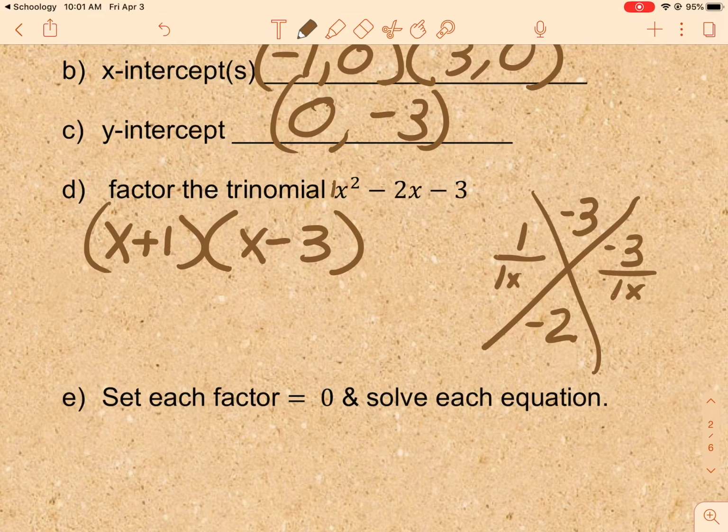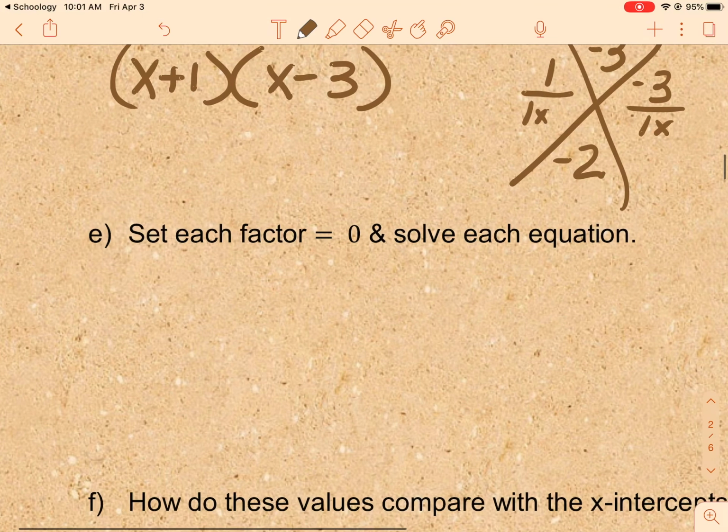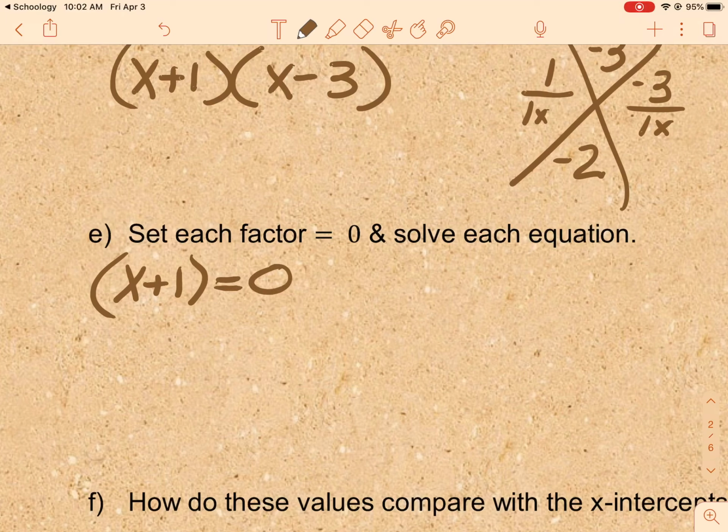Now what I want to do is take those factors and set them equal to 0. So we've got x + 1 equal to 0. We don't need the parentheses.